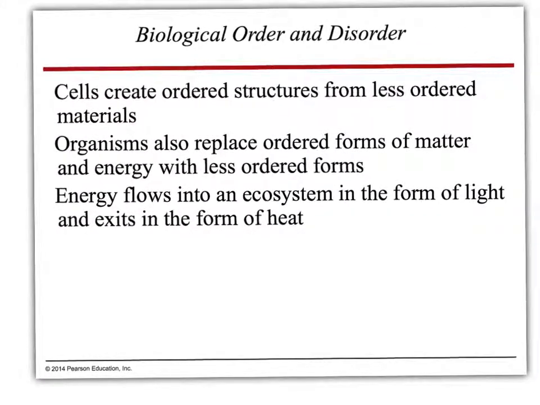Now, biological order and disorder. Right? And we talk about disorder in terms of randomness or entropy, and the reduction or increase of entropy, and how things are ordered. All right? Cells create ordered structures from less ordered materials.